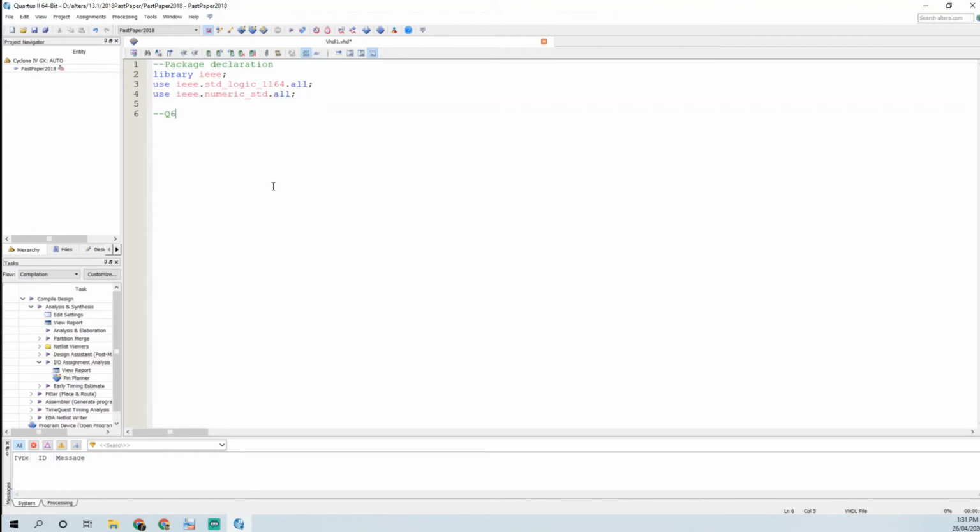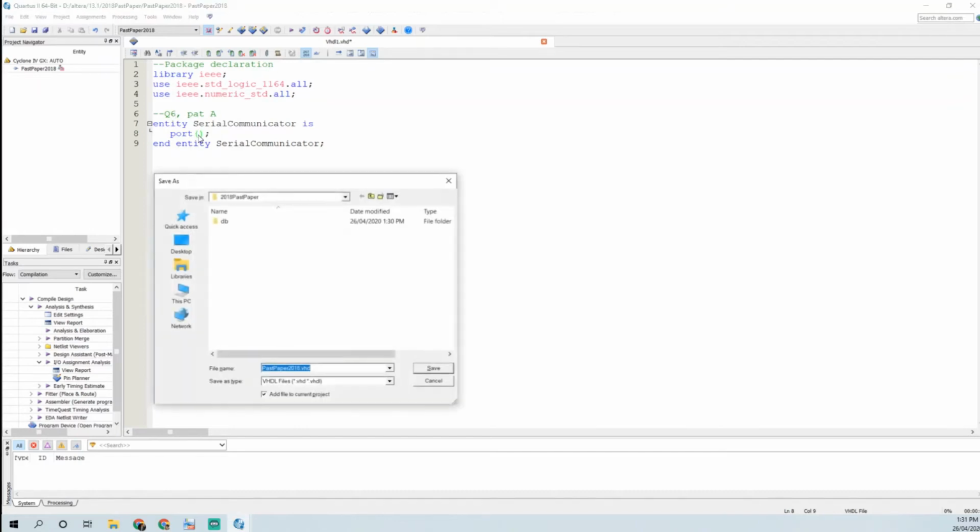Question 6, part A. We have the entity, we'll call this serial communicator. Right, it's important that we know the syntax and where semicolons go and all that when we're actually writing this by hand.